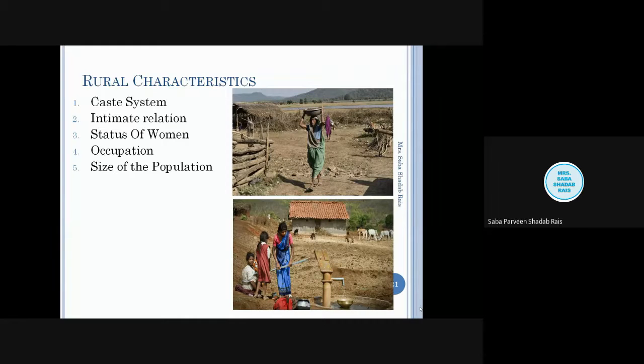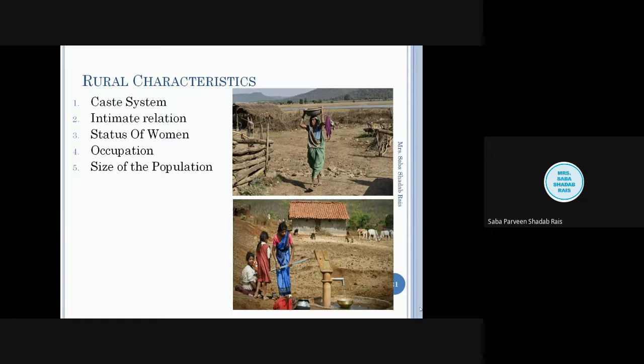But in India, the main reason for the majority of population in the rural area is the developing nature of the Indian economy. And the majority of workers, about 55% in 2011, were engaged in agriculture.